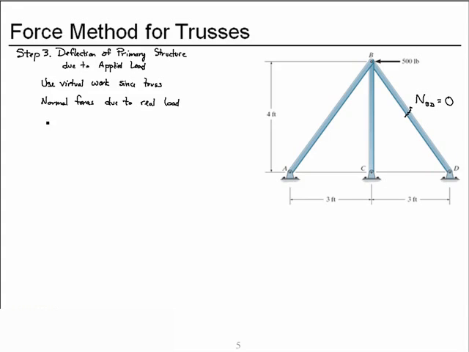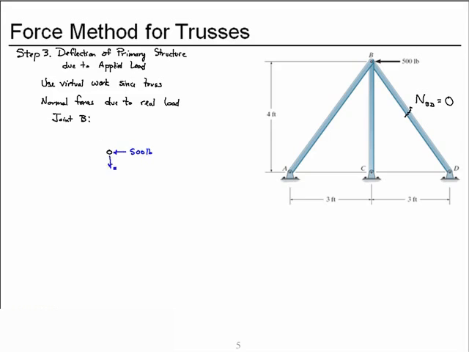So let's use method of joints, and let's draw a free body diagram of joint B. We have the applied load, 500 pounds.